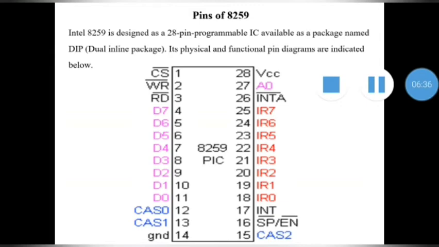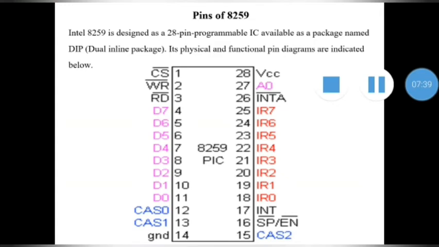If it is not used in buffer mode, then this pin is used as an input to designate whether the chip is used as a master or as a slave. So the function of this pin is, when it is used in buffer mode, it enables the control of the buffer transceiver, and when it is not used in buffer mode, it is used as an input to designate whether the chip is a master or a slave.